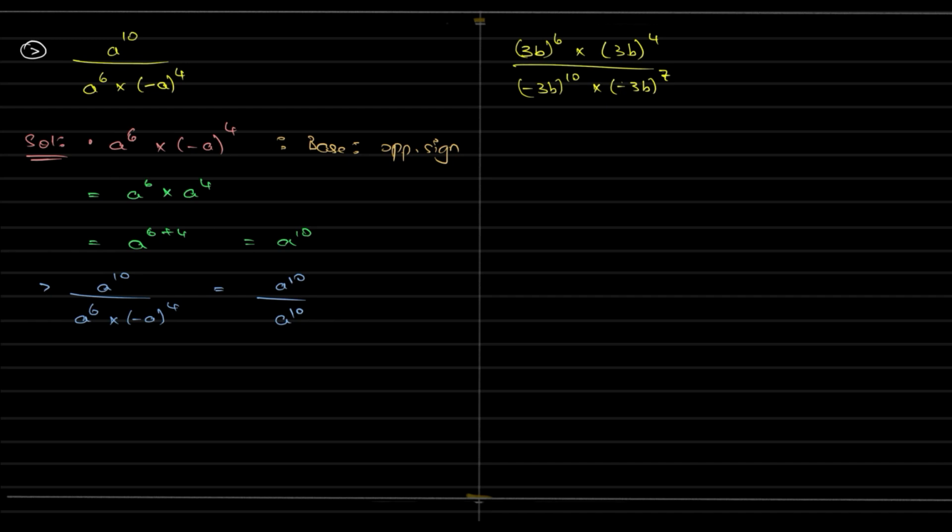So it's the same set of numbers, so I can cancel directly and write as 1. But I'll show you the exponential way. Since it's division, so the powers are getting subtracted as the base is same. This is nothing but a to the power of 0, and anything to the power of 0 is 1.